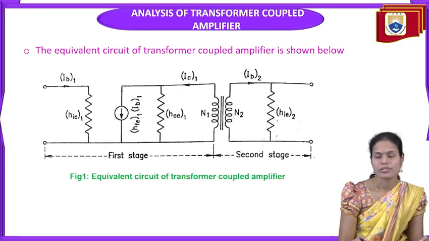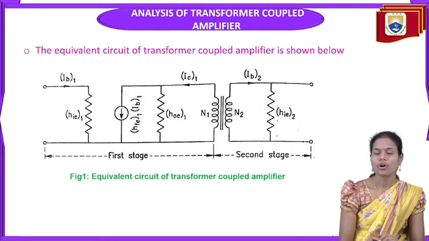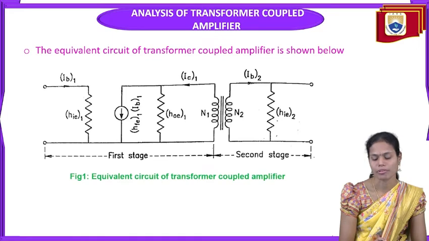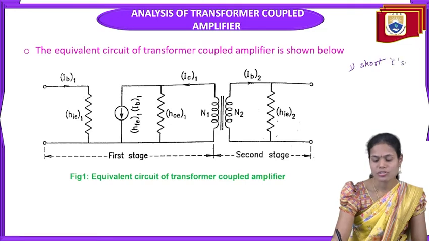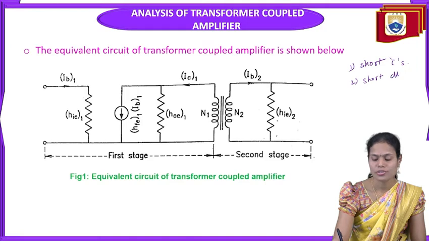So in order to do such analysis, we have to take the equivalent circuit of the transformer coupled amplifier. So how can we get the equivalent circuit? The first thing is, we have to short all the capacitors which are present in the circuit, and also we have to short all DC sources which are present in the circuit.